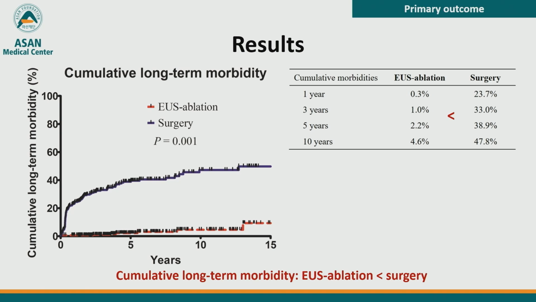When we look at the cumulative long-term morbidity, compared to US-guided treatment, surgical treatment had a lot of complications. Immediately after surgery, the complication rate ranges from 20 to 30%, but even after 5 or 10 years, we can see a continuous increase of the complication.